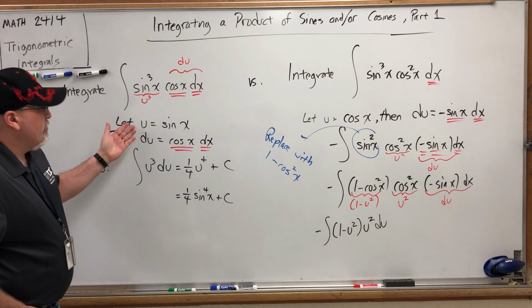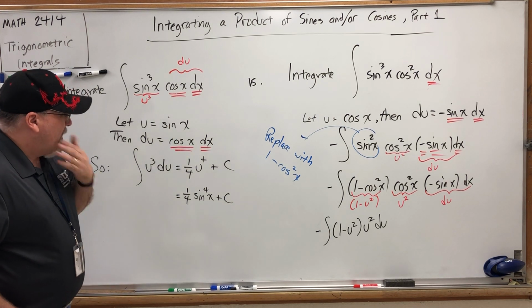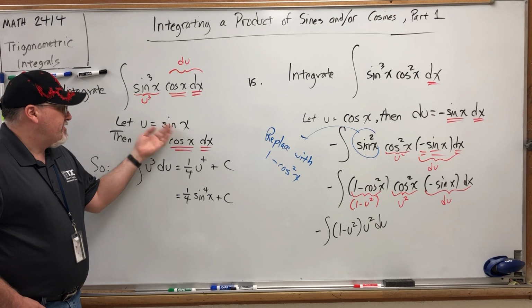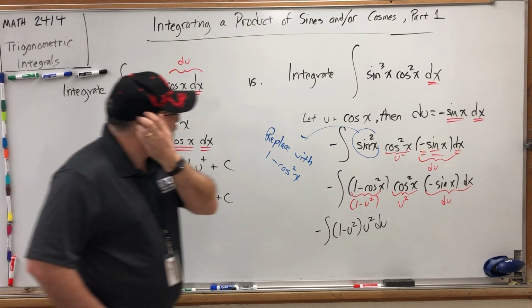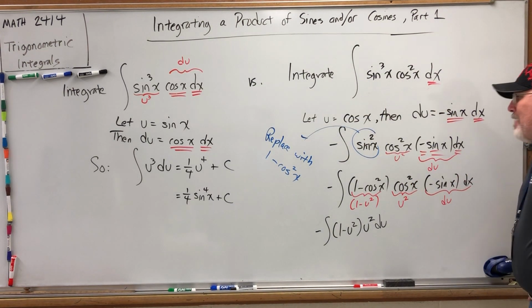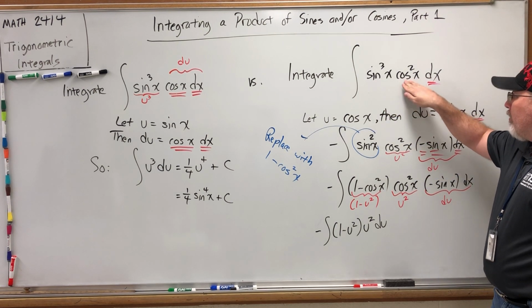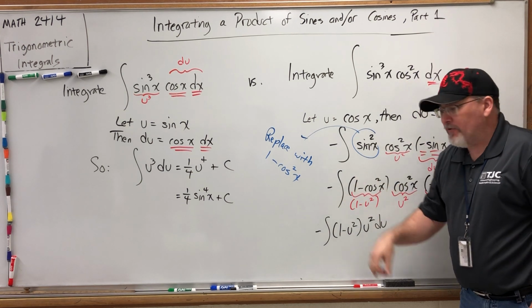Here, saying u equals sine x worked because the extra cosine made the du package. Honestly, I could have let u equal cosine x here, said du equals negative sine x, and kind of played the same game I played over there. Whereas on this one, saying u equals sine x kind of backed us into a corner, because when we said u equals sine x, du was cosine x, we borrowed one of these cosines to form the du package and had one left over.